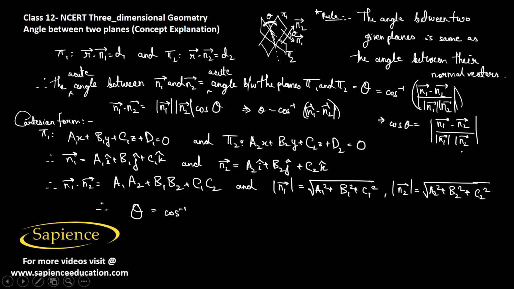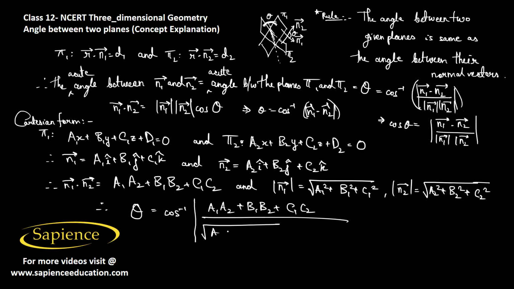Since for theta we need to find the acute angle between the intersecting planes, here also cos theta, cos inverse, we should take the absolute value of a1 a2 plus b1 b2 plus c1 c2 divided by square root of a1 square plus b1 square plus c1 square into square root of a2 square plus b2 square plus c2 square.